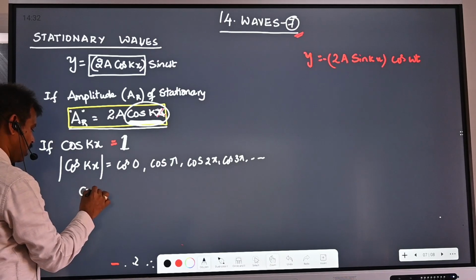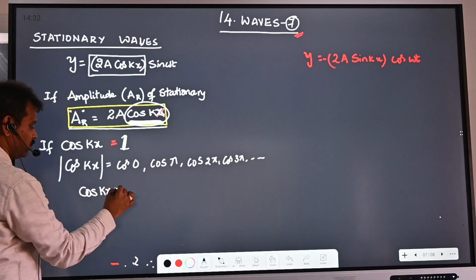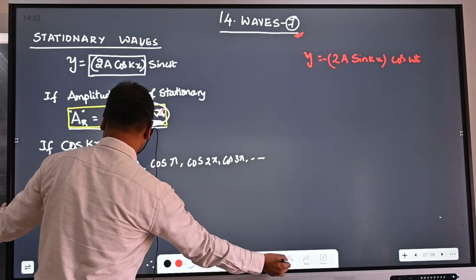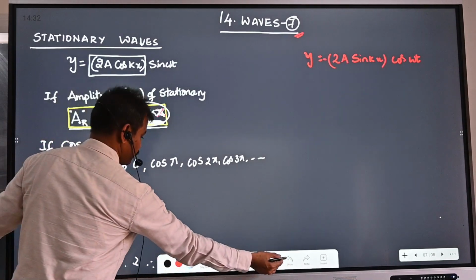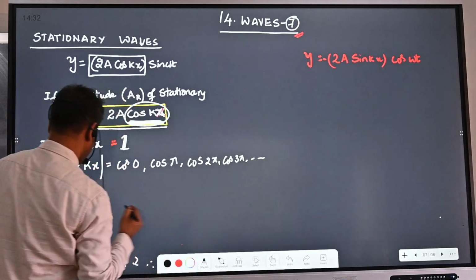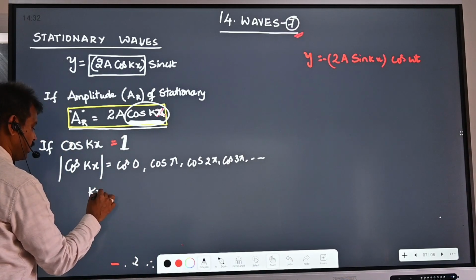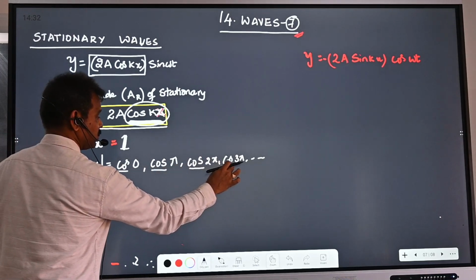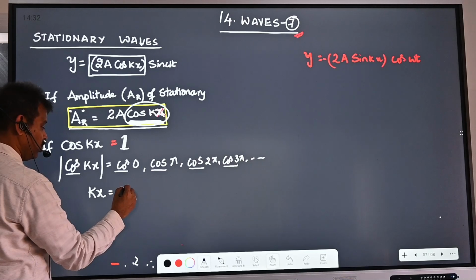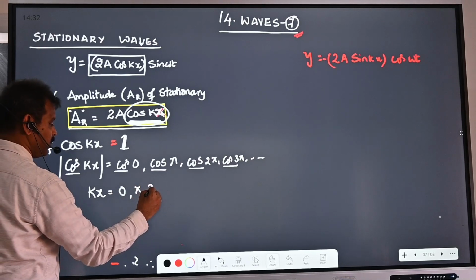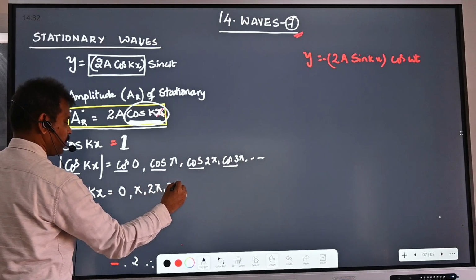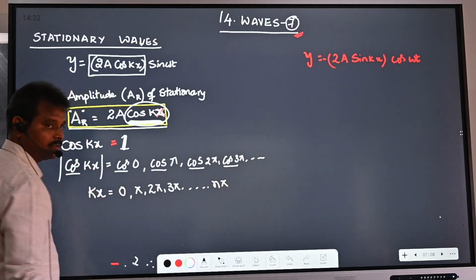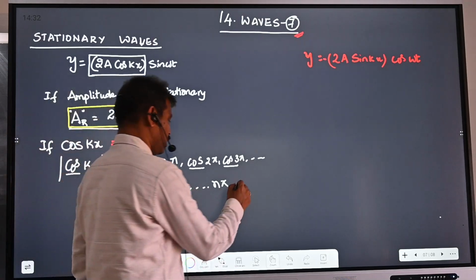So if you take only kx, what is the kx value? Just to compare, we remove this cos. Then what will we get? 0, pi radians, 2 pi, 3 pi and so on, n pi, where n is equal to 0, 1, 2, 3, 4 and so on.